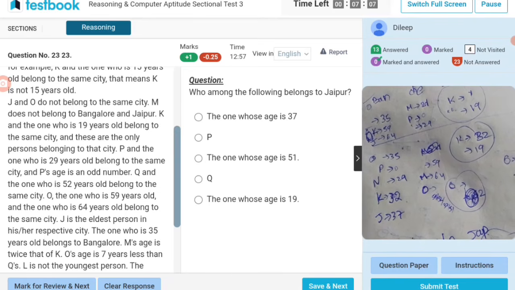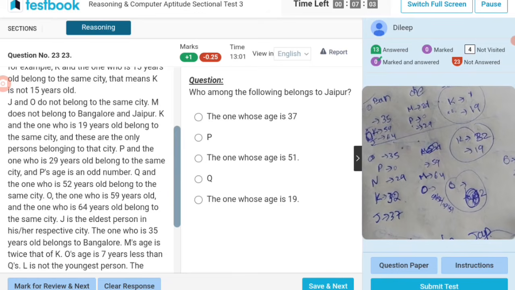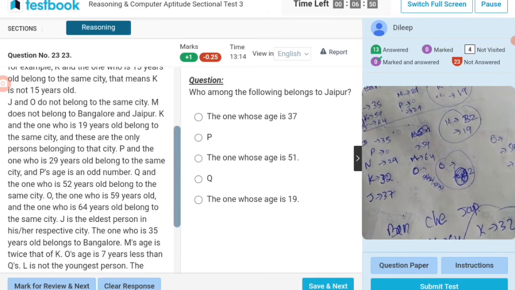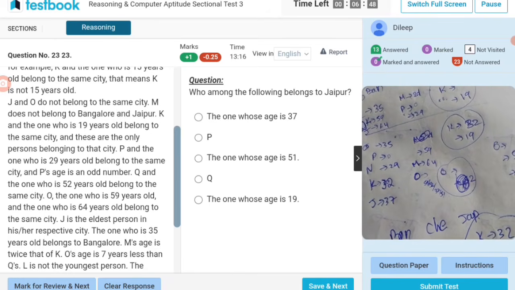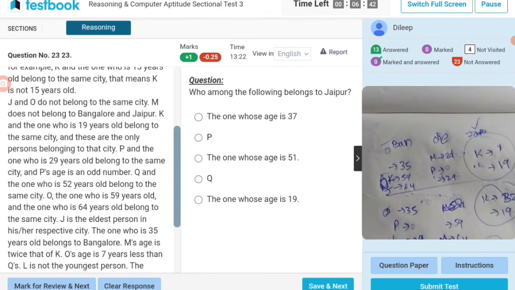So I think O 59 and 64 years same. Next, M not Bangalore and Jaipur. K and one. Next, P and the 29 years old. O is 52. So P and 29 years old belong to the same city. P is odd number.